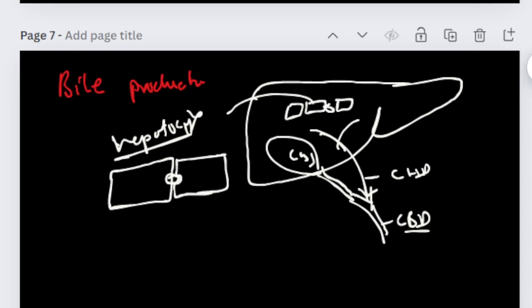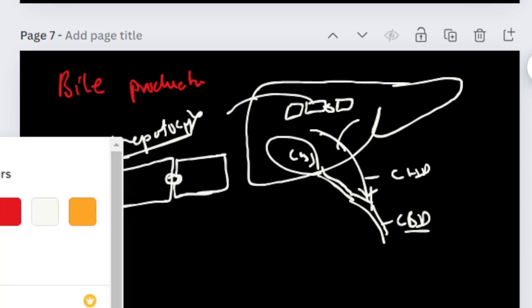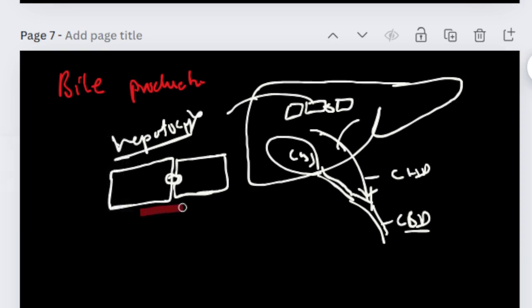One is the sinusoidal surface. For example, here is the sinusoid. Blood moves through here and filters here. Okay, blood moves here. This is the sinusoidal surface of the hepatic cell.